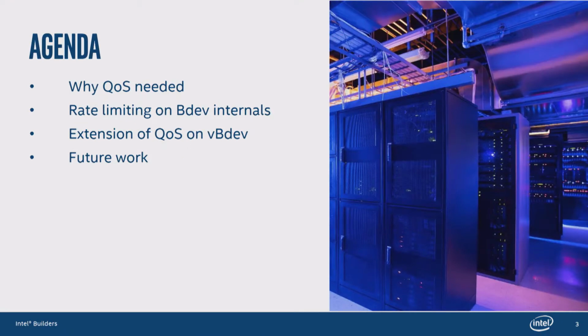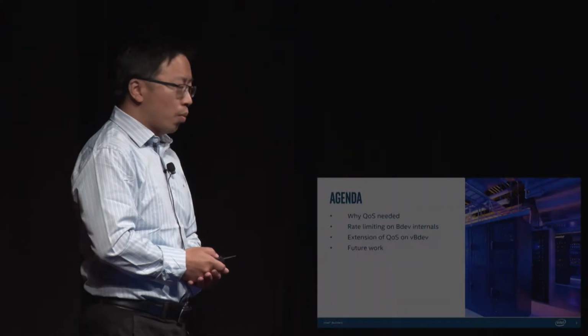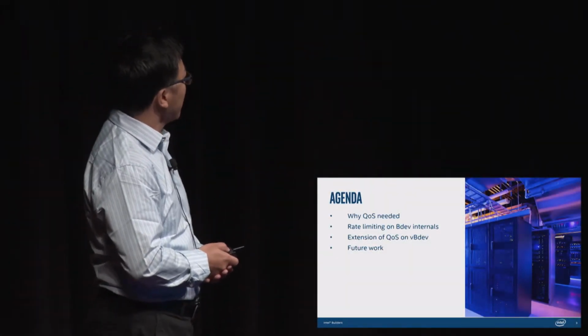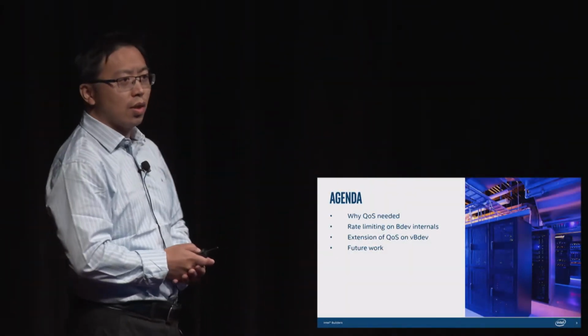So here is the agenda that I will talk about the QoS, why we need it. I think it's a basic requirement when we build the shared storage applications in the hyperconvergence case or in the distributed shared case. And the next is talking about the rate limiting on the Bdev internals. And Paul has shared much information on this in yesterday's talk.